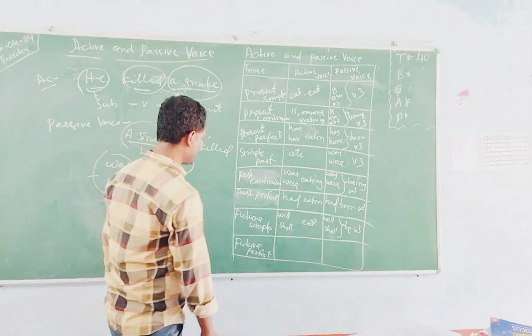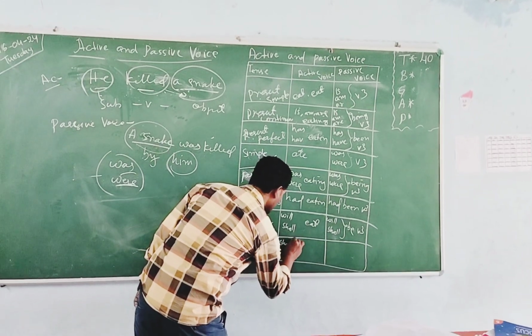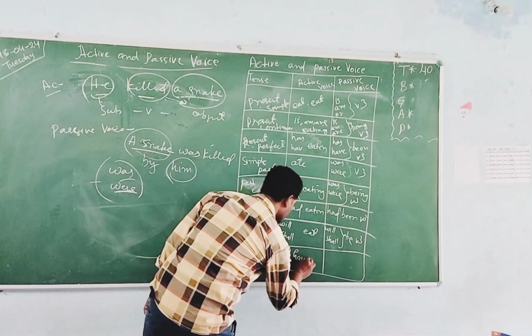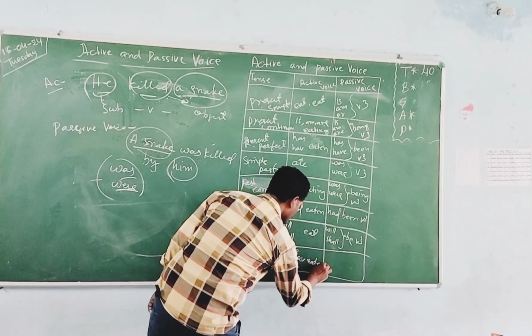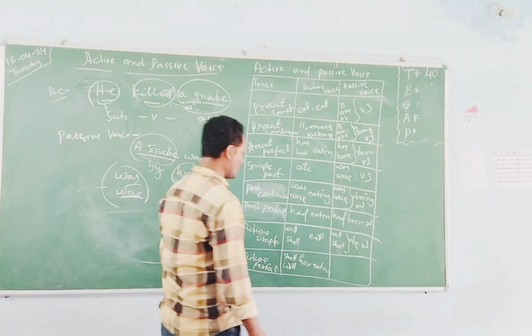Will be eaten. Future perfect: shall, will, have, eaten. In future perfect we have shall, will, have, eaten. So what will be here?